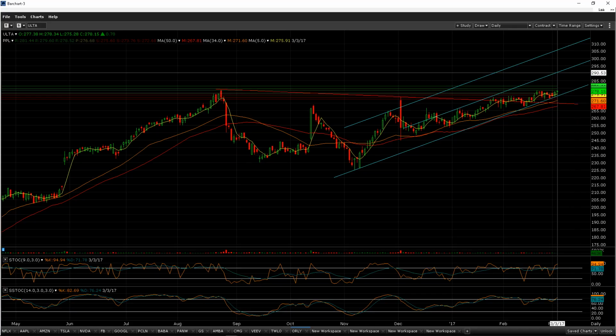So upper end of the channel, RIP is 290. If the earnings pop does that, it's going to 290. You got a 12-point move on the stock.